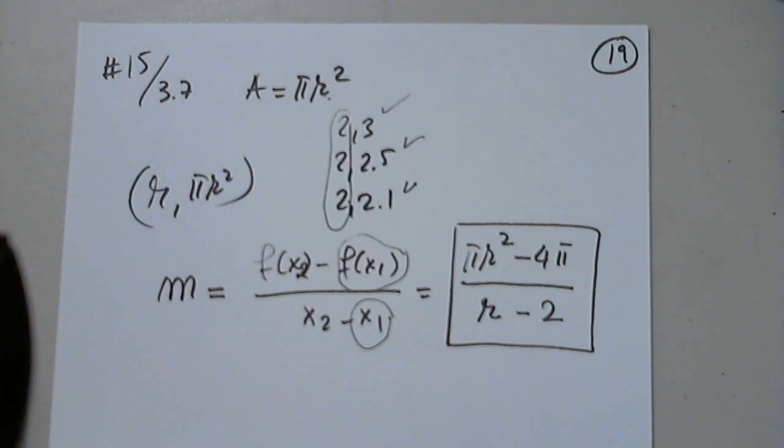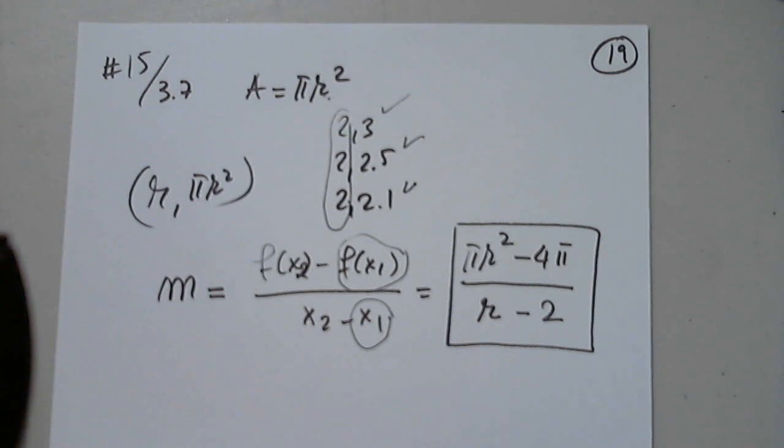So I enter pi x squared minus 4 pi, close, and divide by x minus 2. Then I go to second and table, and I punch in 2.1, 2.5, and 3.